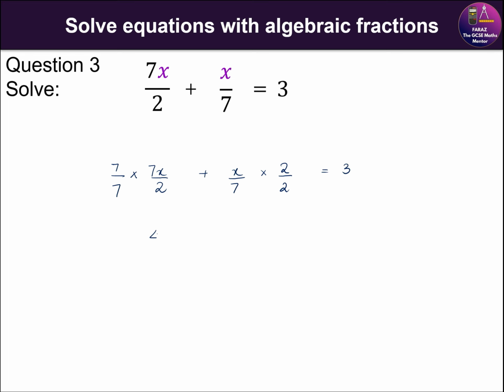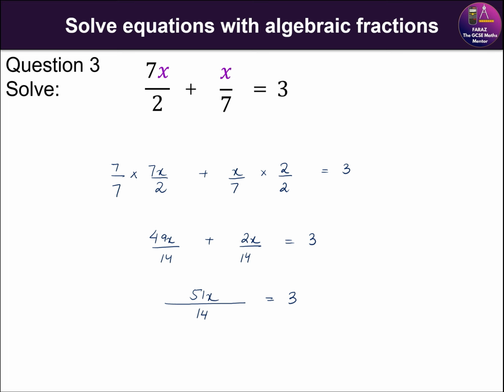So this will give you 49x over 14 plus 2x over 14 equals 3. Now when the denominators are the same, you can simply write them in a single fraction, and 49 plus 2 is 51. So 51x over 14 equals 3.